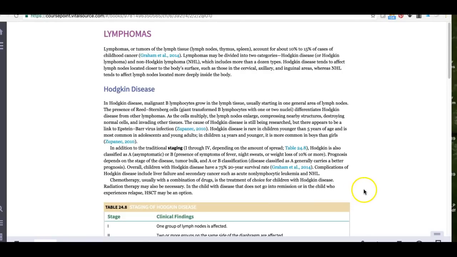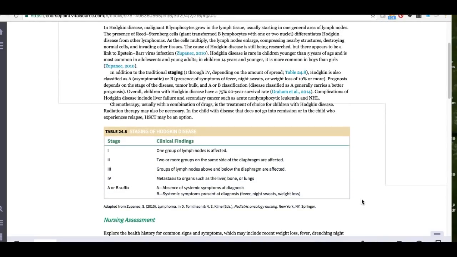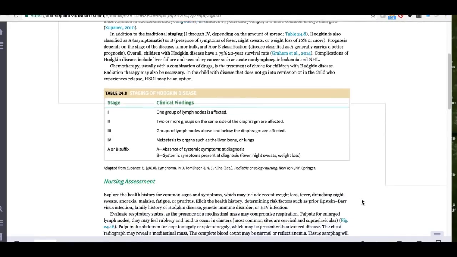So a couple of different lymphomas that you'll see, Hodgkin's and non-Hodgkin's. Hodgkin's tends to affect the lymph glands that are closer to the surface of the body, and then non-Hodgkin's are the deeper lymph nodes. Did I say lymph glands? I think I did. Lymph nodes is what I meant.